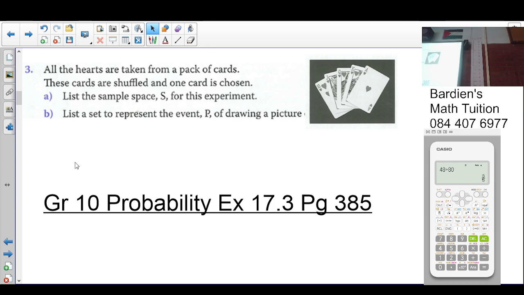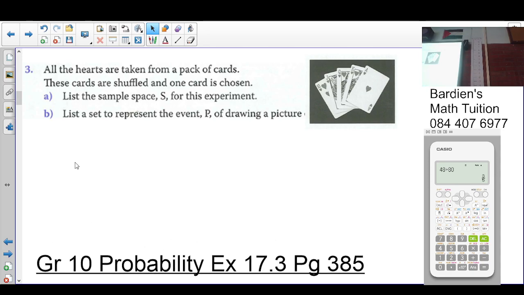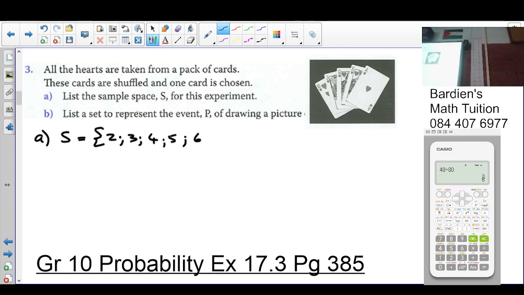List the sample space S for this experiment. So how many cards are there? 13. S will be 2, 3, 4, 5, 6, 7, 8, 9, 10, Jack, Queen, King, and Ace.